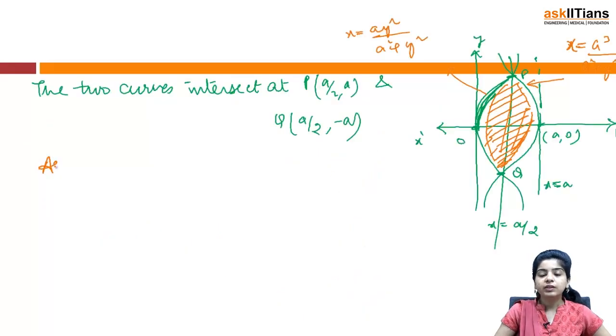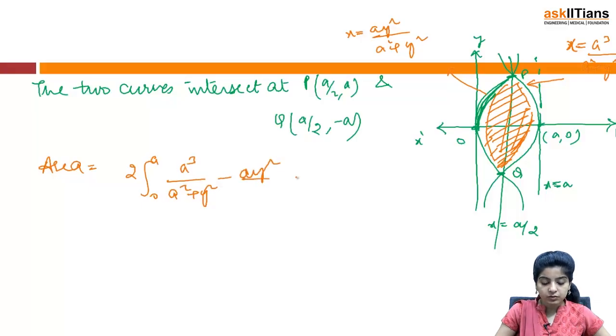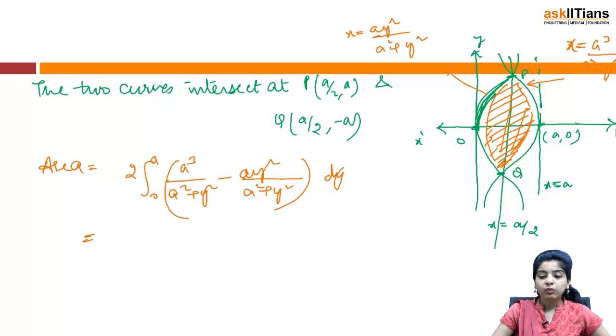Now the area would be twice the integral from 0 to a of a cube by a square plus y square minus a y square by a square plus y square, dy. You can just calculate the area enclosed by the first curve from 0 to a, minus the area enclosed by the second curve from 0 to a, and we make it twice so that we get the total area.